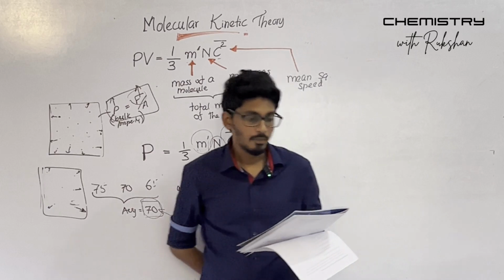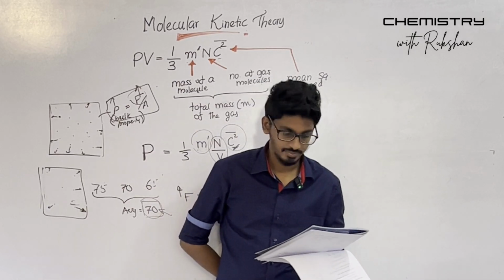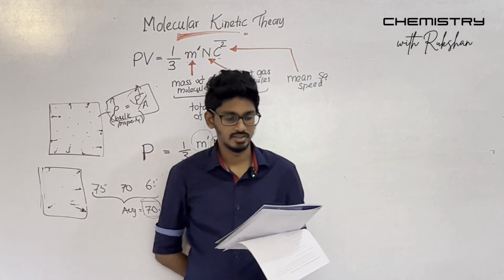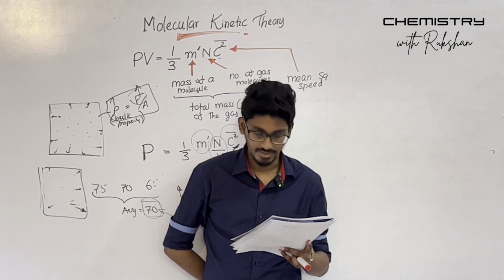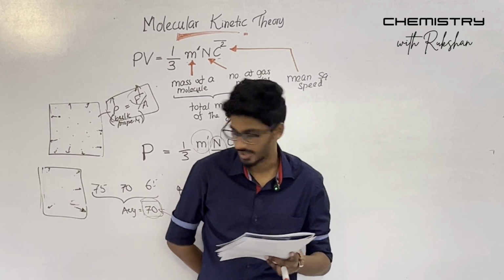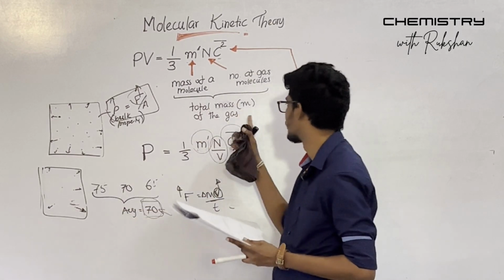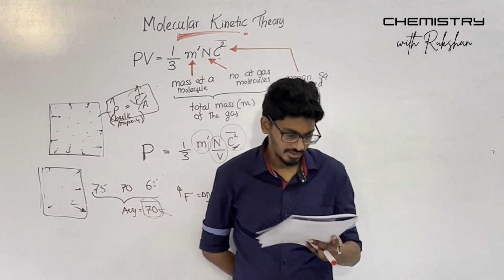See, molecular kinetic theory, and they have given you the equation P is equal to 1/3 m n c squared bar, right? The terms are labeled. Then they are saying that m is the mass of the gas, the simple name. That is understood, right? Then what else are they saying?